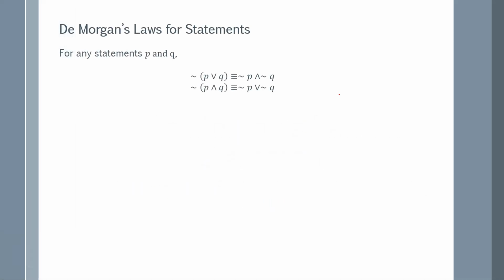So, De Morgan's Law for statements: for any statements P and Q, the negation of P or Q is equivalent to the negation of P and the negation of Q, or the negation of P conjunction the negation of Q. And the negation of the statements P conjunction of Q, or P and Q, is equivalent to the negation of P disjunction or the negation of Q. So let us prove first.